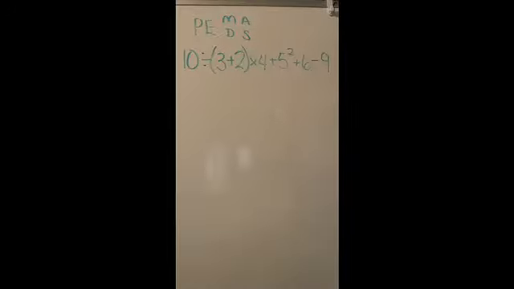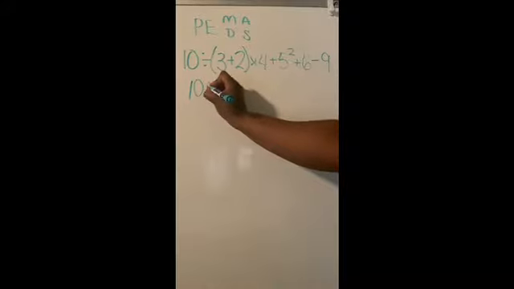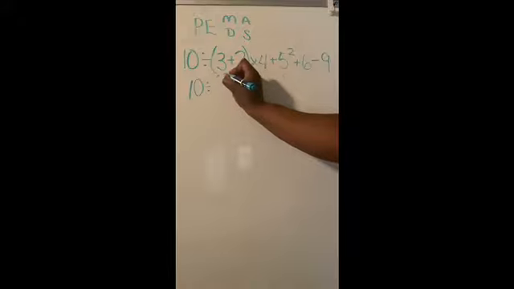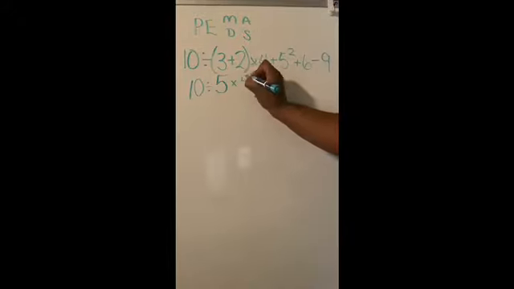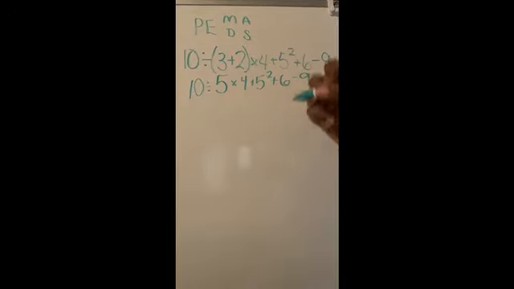So the first thing, of course, parentheses. Again, make sure that they write out, or if you are explaining this, make sure you write out all the steps so you can see. So 3 plus 2, of course, is in our parentheses, so that's 5 times 4 plus 5 to the second power plus 6 minus 9. Okay?